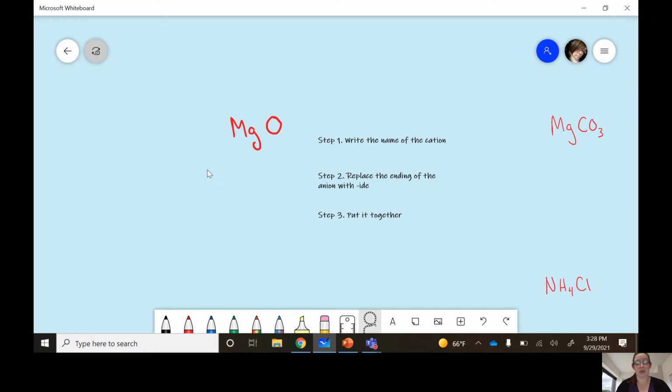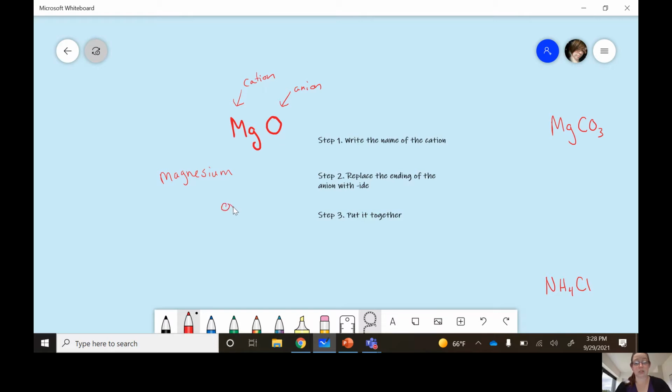Okay, magnesium oxide, MgO. First, write the name of your cation. That's magnesium. Then you're going to replace the ending of your anion with the IDE. So remember that these are always written cation and anion. Okay, cation always comes first and it's always named first.